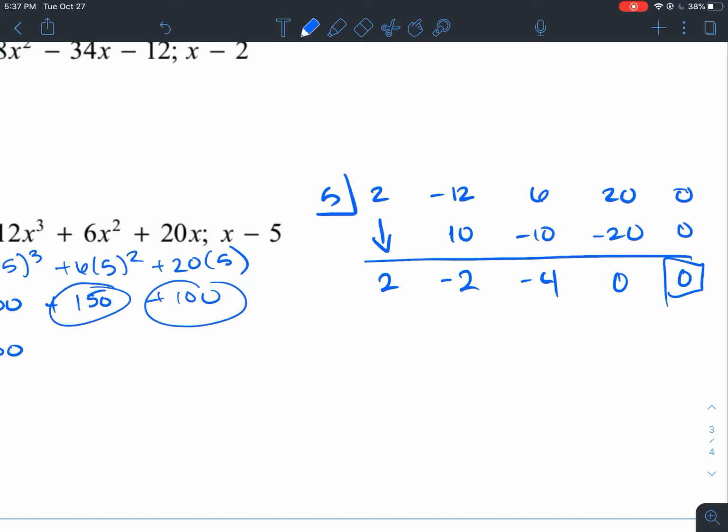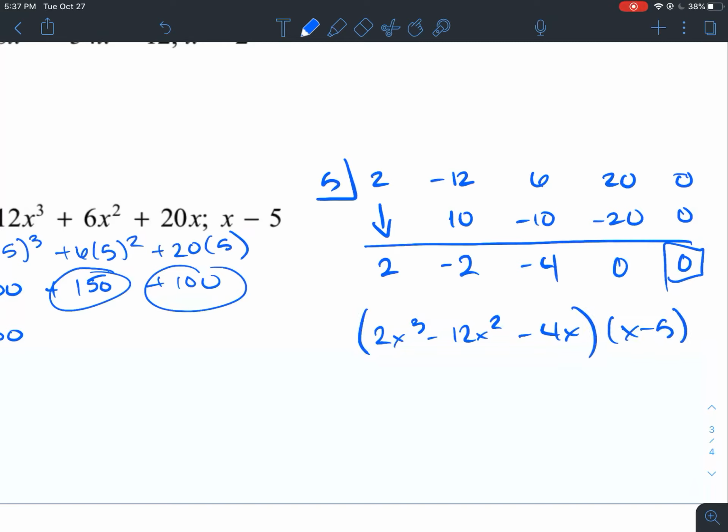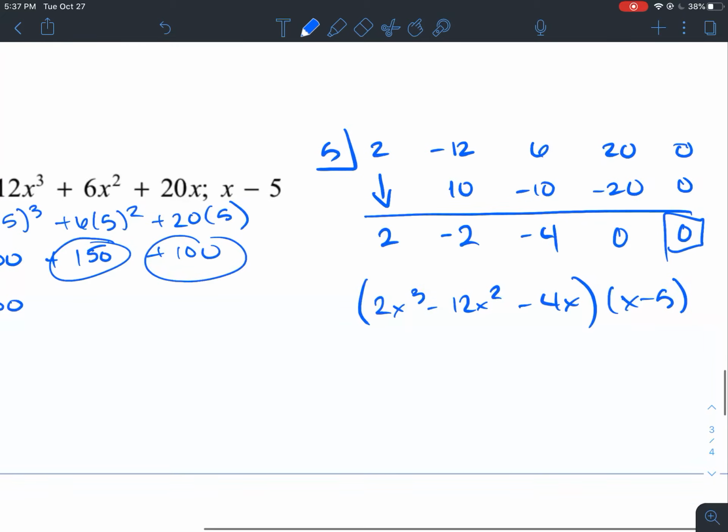Okay, so then the answer here is 2x cubed minus 12x squared minus 4x. Okay, and that is being multiplied by x minus 5 because that's the factor. Because we're trying to factor this completely. Now can I factor this out a little bit more?